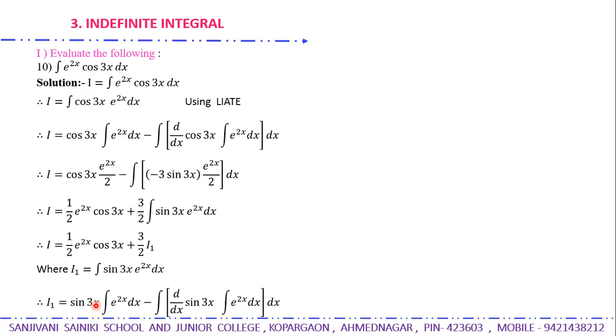How? This I1 is the first function as it is, integration of the second function minus integration of derivative of the first function into integration of the second function. So I1 is equal to sin 3x e raised to 2x upon 2 minus integration of 3 cos 3x e raised to 2x upon 2 dx.